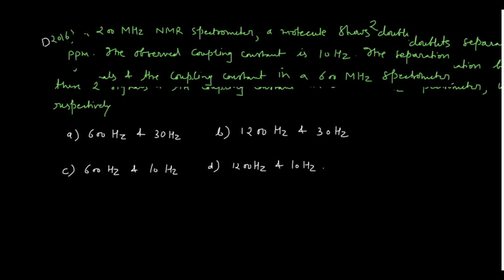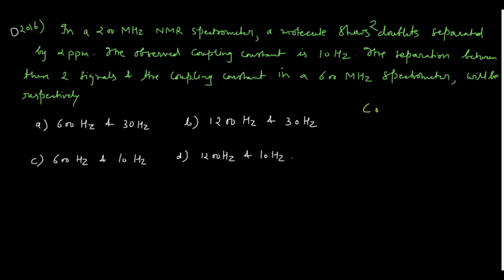Okay, what it says is that for the same molecule, first we recorded the spectrum at a 200 megahertz machine, and after that we recorded the spectrum at the 600 megahertz machine. Now what would be the new coupling constant and the separation between the two signals? But please remember from the basics of NMR spectroscopy, coupling constant never changes.